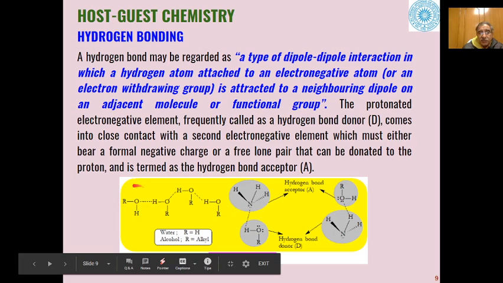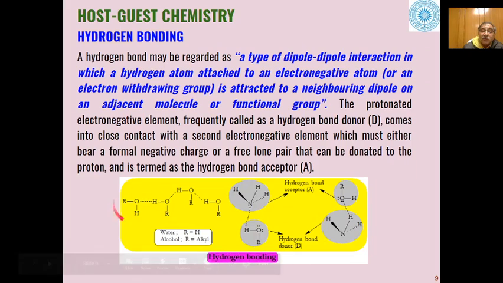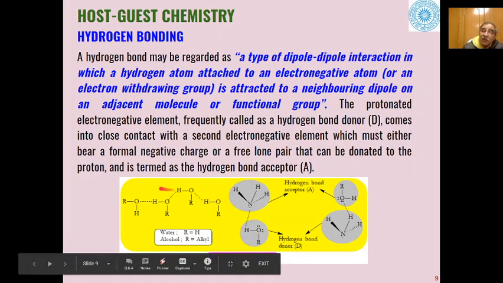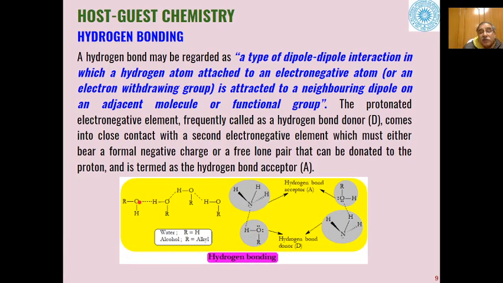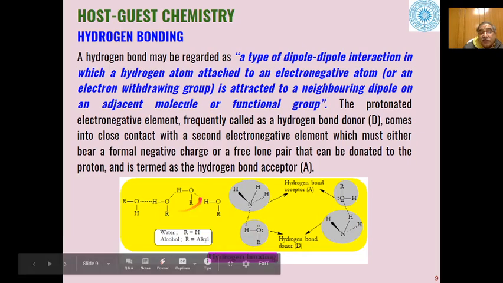So you can see over here, for example, we know that in case of alcohols, they have dipole-dipole interaction. One molecule of alcohol will have a dipole-dipole interaction with another molecule of alcohol, because electronegative oxygen of one molecule and electropositive hydrogen of other molecule, they will have an intermolecular hydrogen bonding like this.